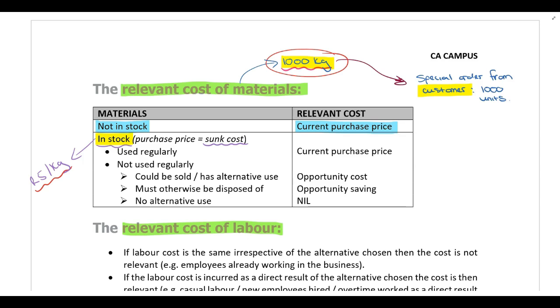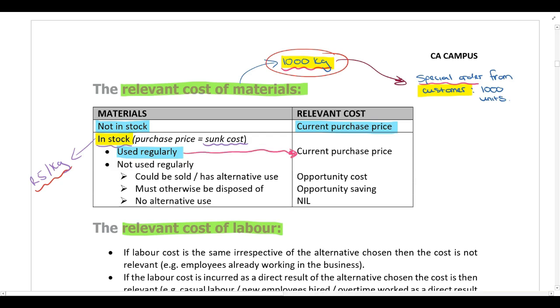So then we need to ask ourselves a few other questions. Is this material something that the company uses regularly in their production processes? Because if it's something that's used regularly, if we use the material now for this specific order, we're going to have to replace it in the future because it is something that we use regularly in production. And then this is very simple.